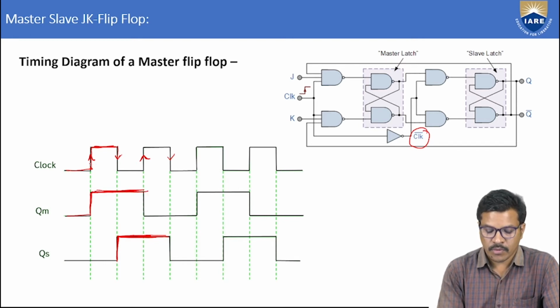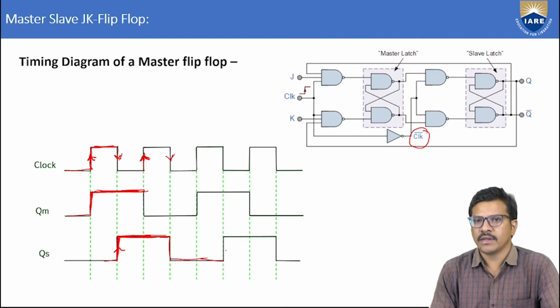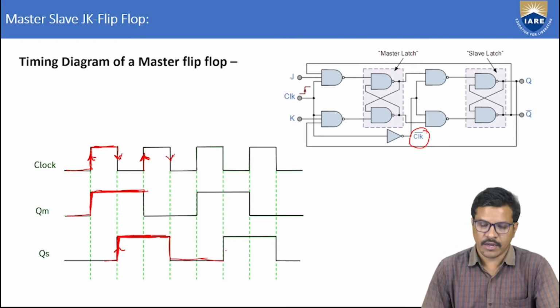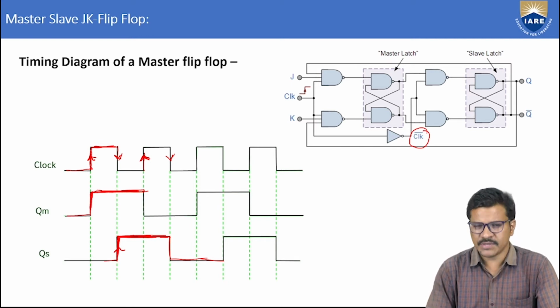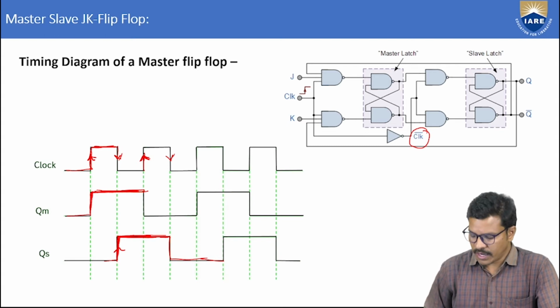When it is the positive edge, the master changes state and holds the same state until it reaches the next positive edge. Similarly, the slave changes state on the negative edge and holds the same output until the next negative edge of the clock. In this way there is no chance of getting the race around condition.